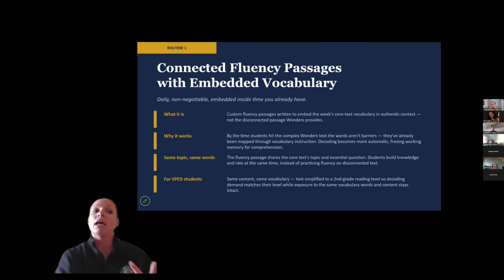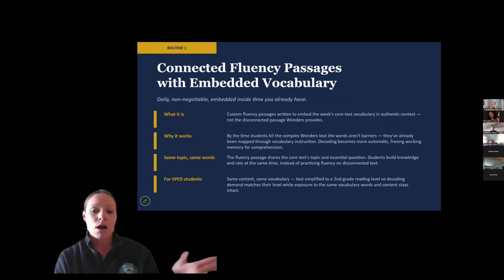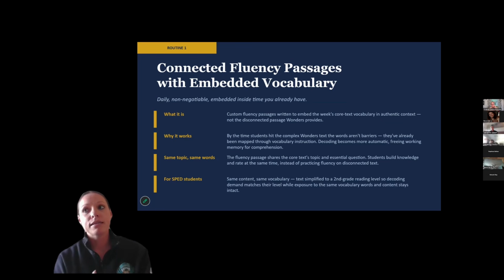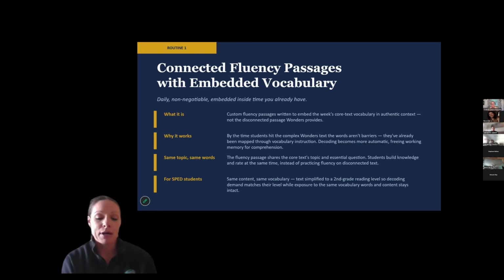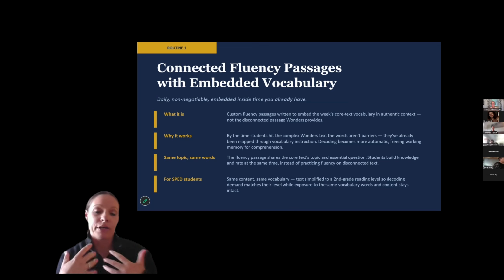So how did we get my class to do this? How did I get both of these groups to make these gains along their own pathway? The biggest thing that we did in my classroom is my co-teacher and I worked to take our curriculum. We use Wonders, and we looked at it with a very careful eye.